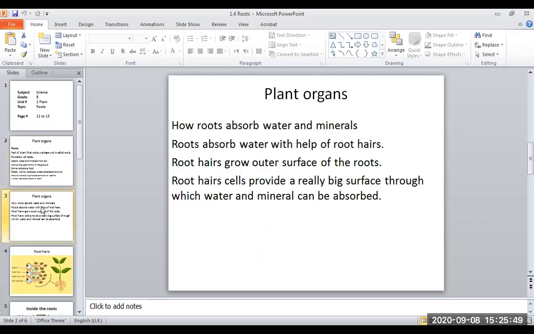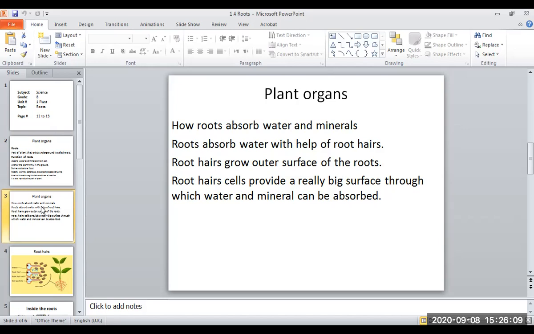Okay. Next, now we discuss how roots absorb water and minerals. Roots absorb water and minerals with the help of root hairs. Root hairs grow on the outer surface of the roots.